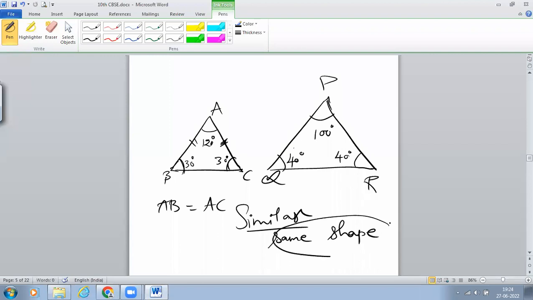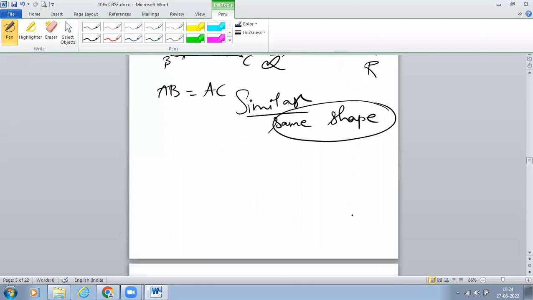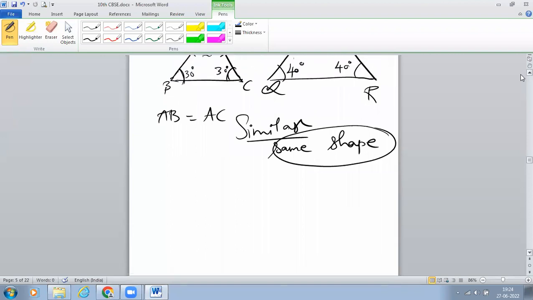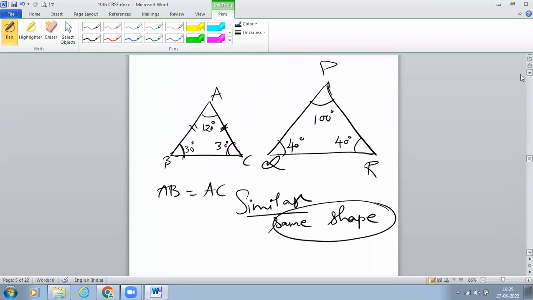The meaning of same shape is, for example, usually we can zoom any picture, zoom in, zoom out. When you zoom, the ratios of all the sides increase in a standard, equal way. The shape will not change if you zoom in or zoom out, but the size alone differs.